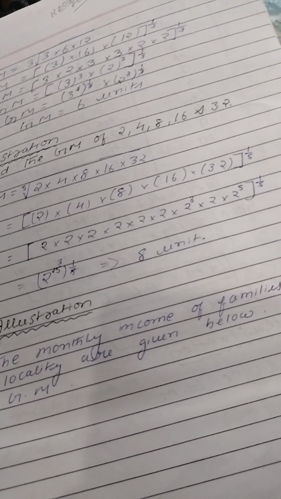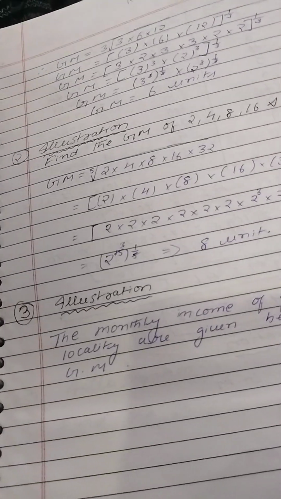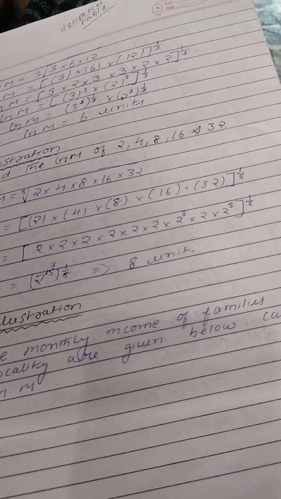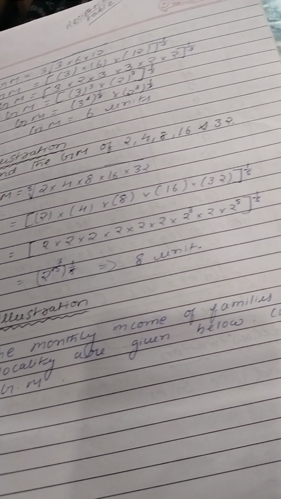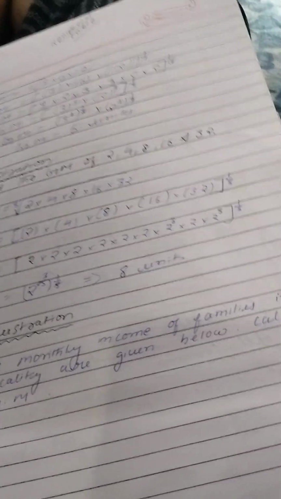So illustrations. Then we have the second question: the monthly income of families in a locality is given below. Calculate GM.